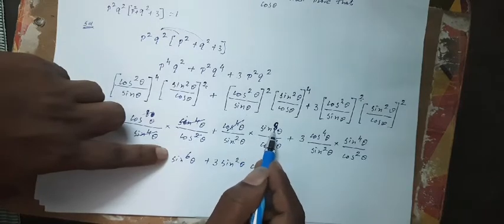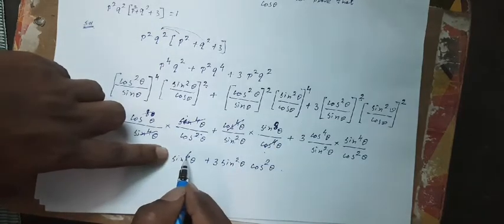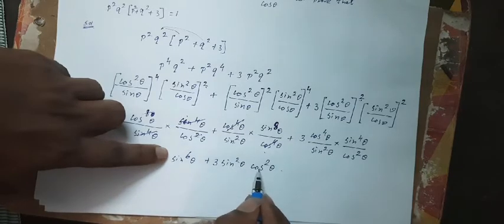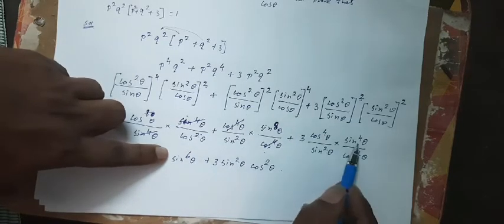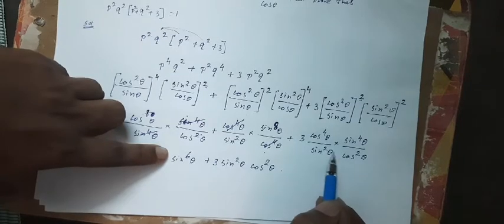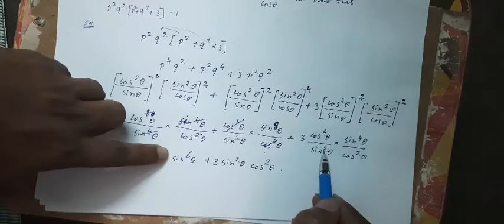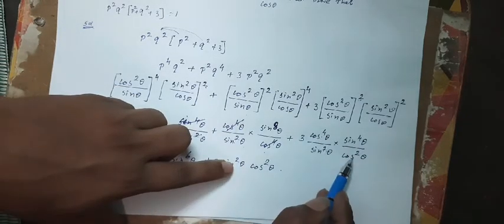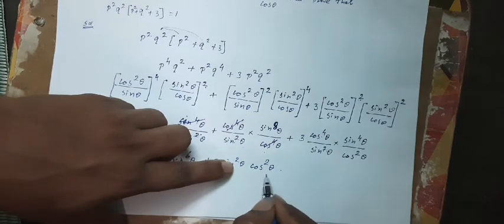So here also 8 minus 2 we can get sin 6 theta, plus 3 sin square theta and cos square theta. Here we can cancel, so sin power 4 theta, 4 minus 2 is 2, and then cos power 4, here cos square, we can cancel to cos square theta.